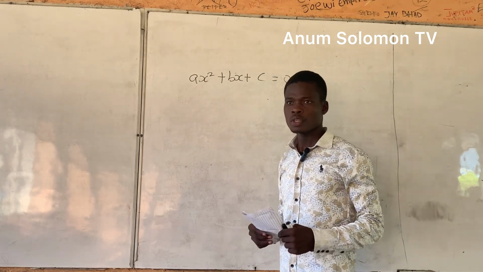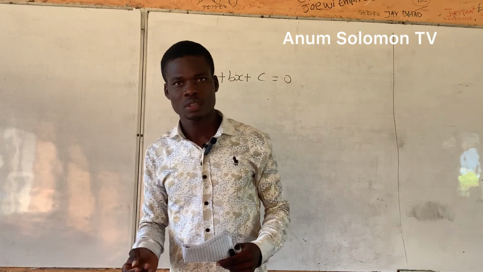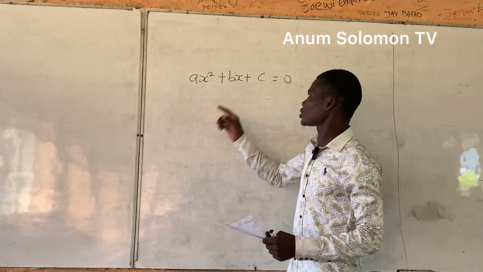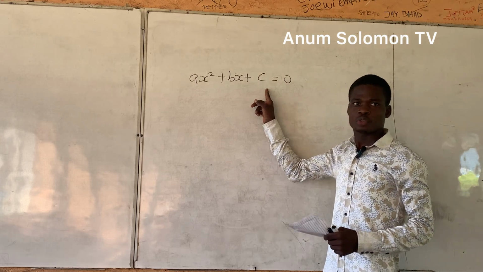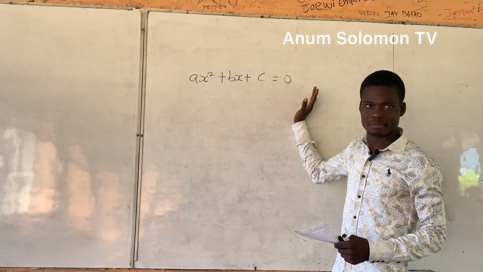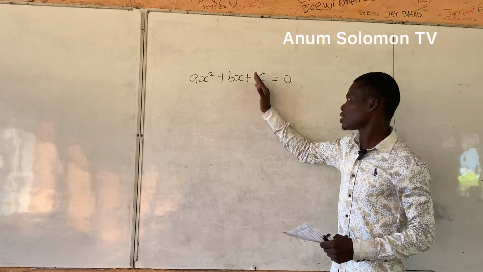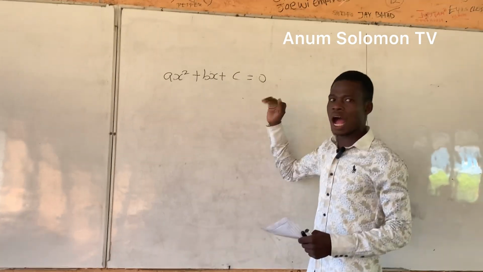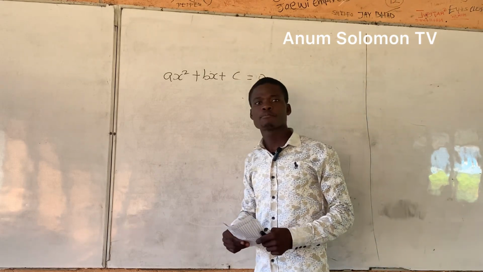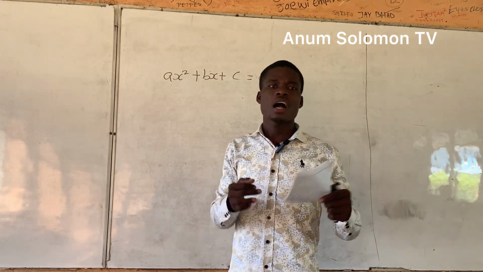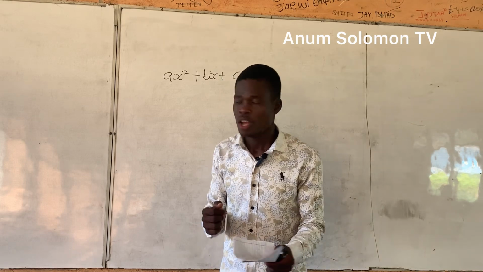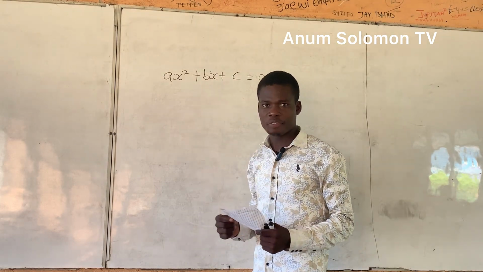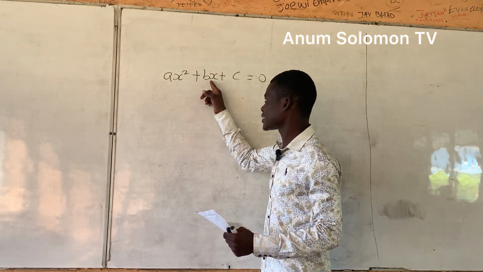1. After dividing through, you send the constant term c to the right side of the equation. Then you find half of the coefficient of x.